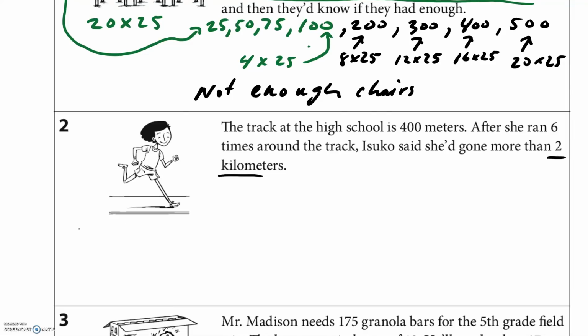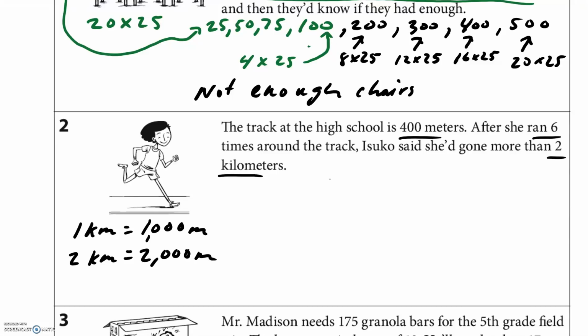So I'm going to give you this information. 1 kilometer equals 1,000 meters. So she ran 6 laps of 400 meters, and if 1 kilometer is 1,000, 2 kilometers is 2,000 meters. Okay, so she ran 6 of these.